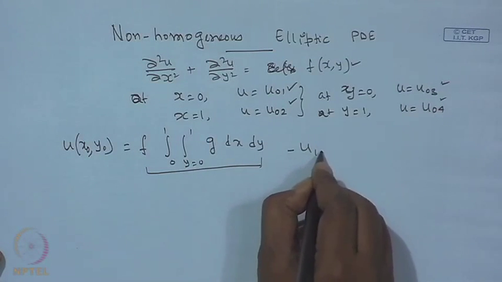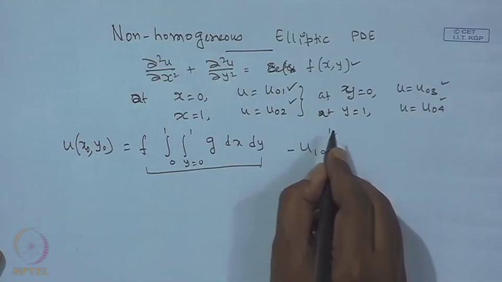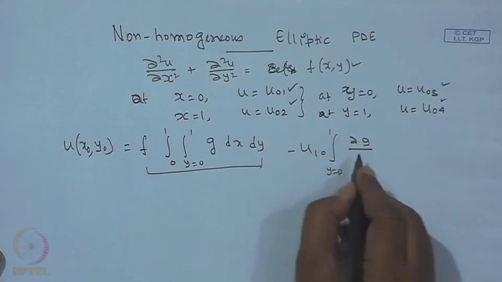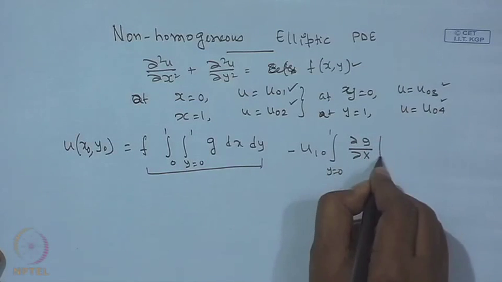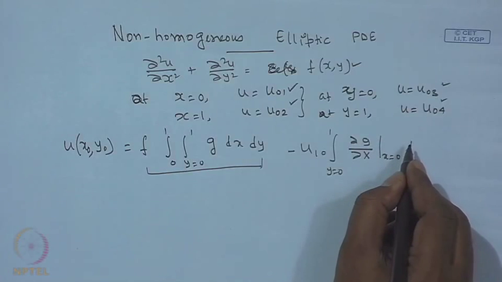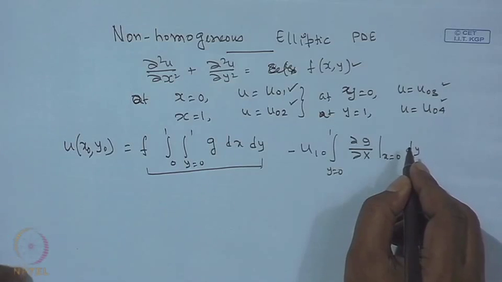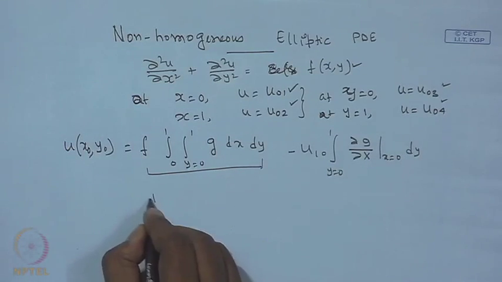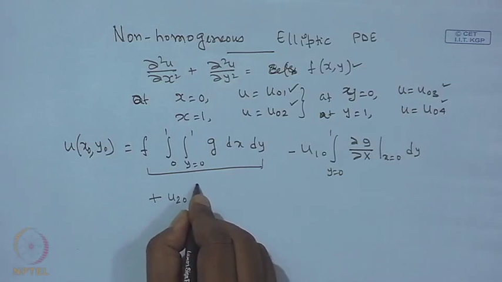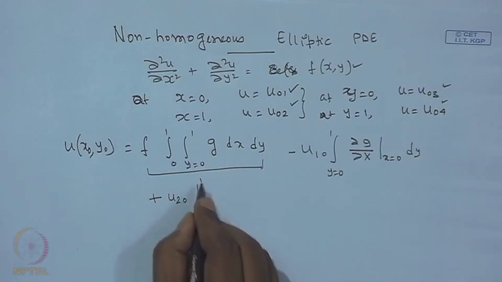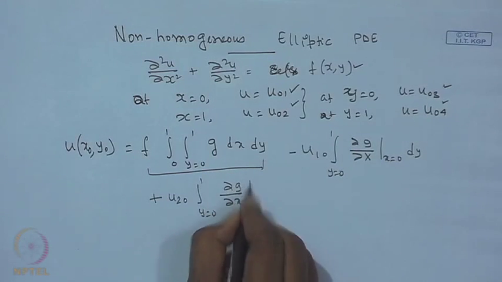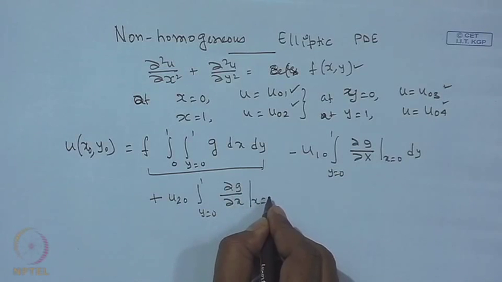Minus u 1 0 integral y is equal to 0 to 1 del g del x at x is equal to 0 dy, and then we had one more term, u 2 0 integral y is equal to 0 to 1 del g del x at x is equal to 1 dy.